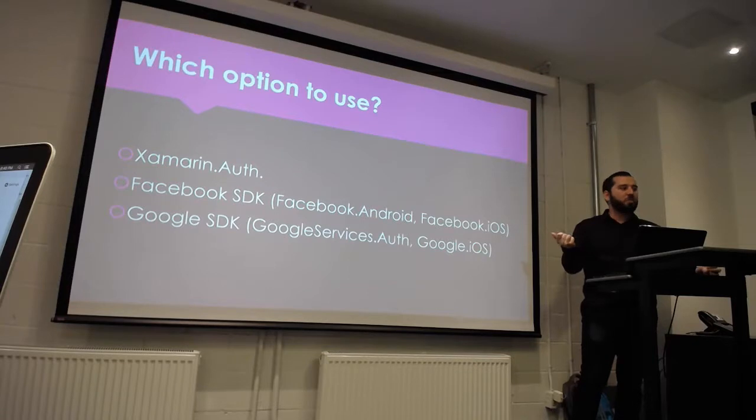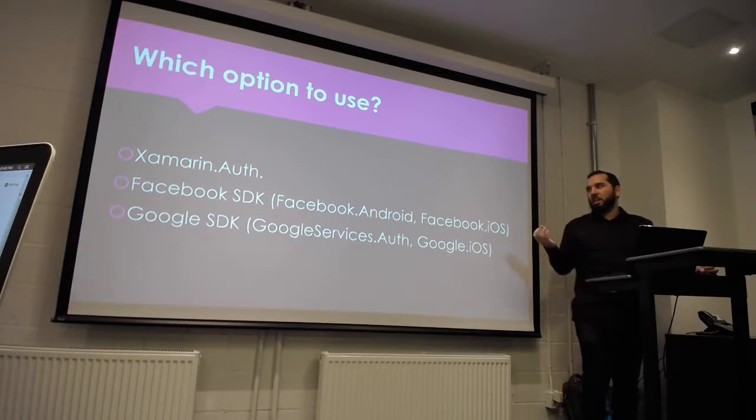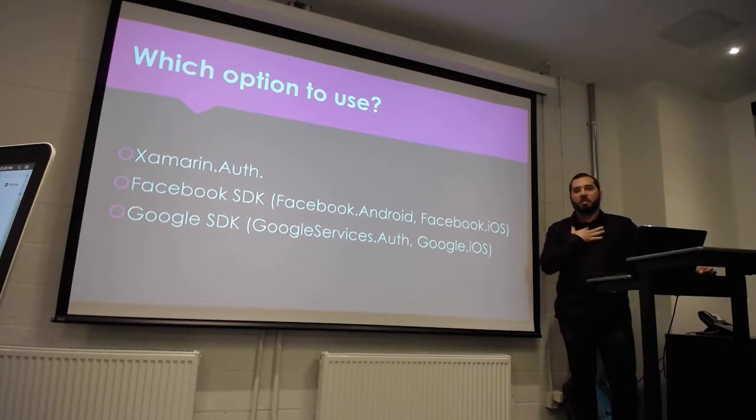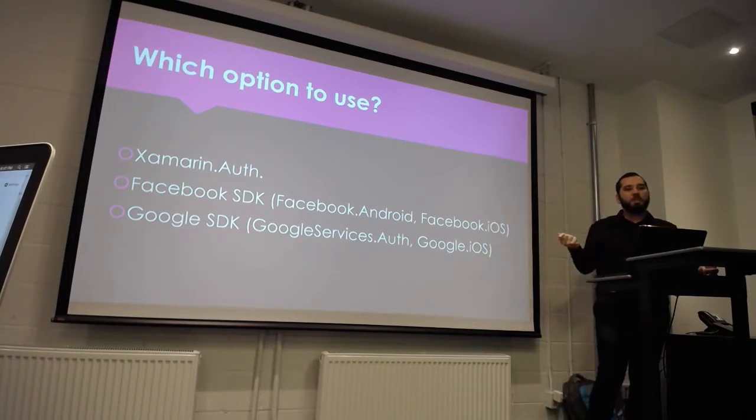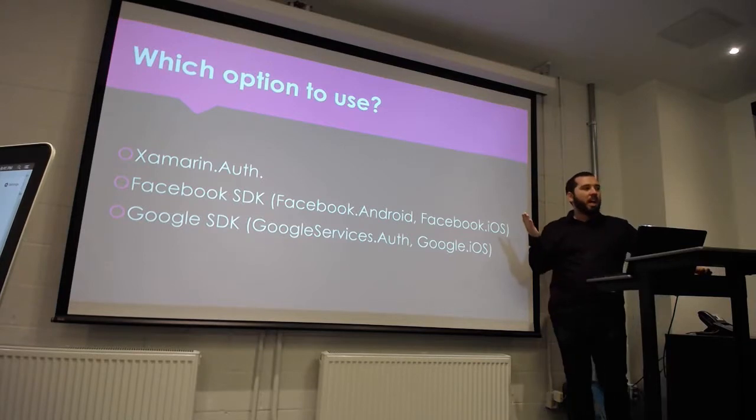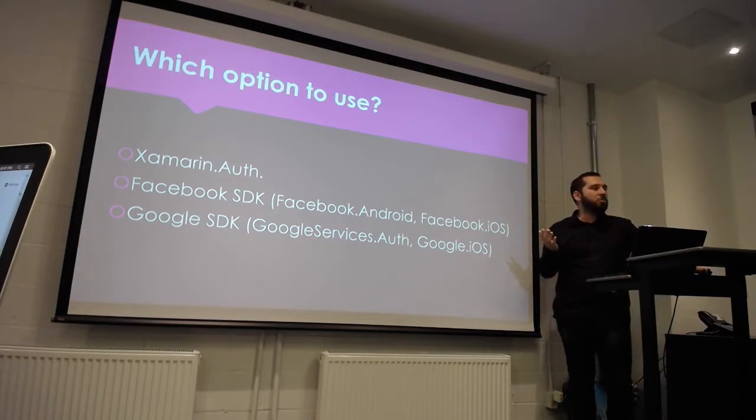So yeah, which option to use, right? We've been discussing that. When I first started searching this topic out, I actually noticed that there's a lot of people and tutorials on the internet that use Xamarin Auth. It's a NuGet available for anyone who wants to download it. It has a couple of features that allow you to implement the social login with Facebook and Google.